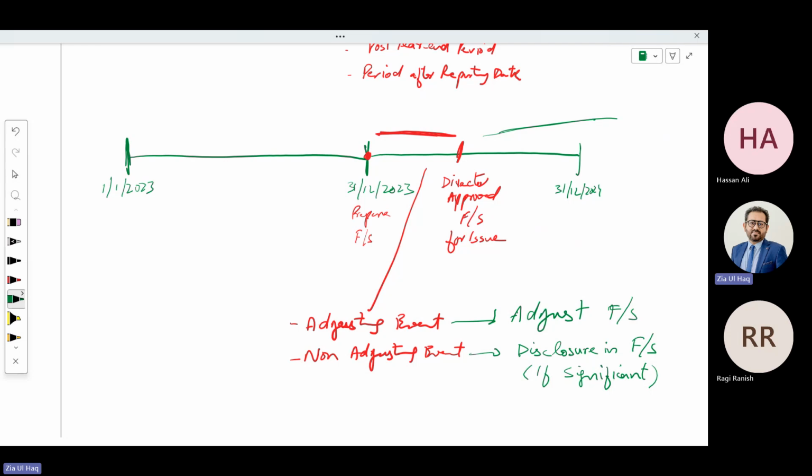Adjusting, non-adjusting events are those events that are happening in this time period, mean year end till financial statements approved for issue. Adjusting events need to adjust, non-adjusting events provide disclosure in the financial statement. This is the accounting treatment of adjusting, non-adjusting. What are adjusting events? What are non-adjusting events? Let's discuss with their examples.